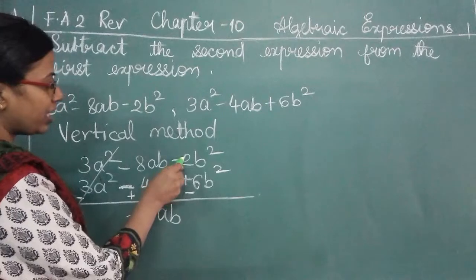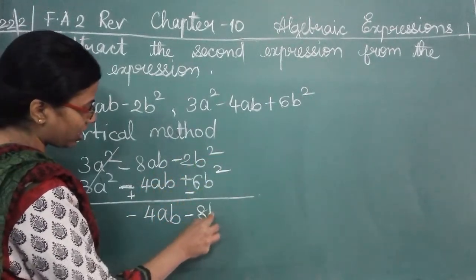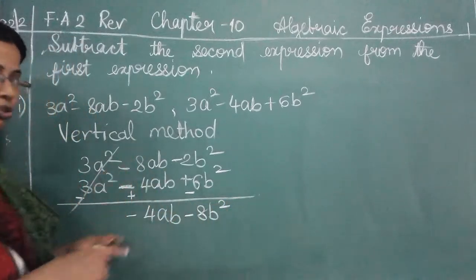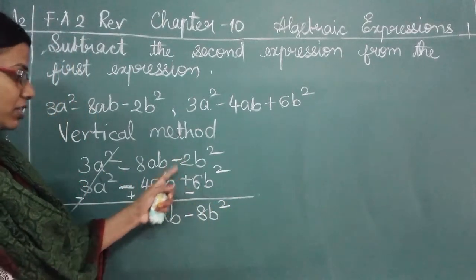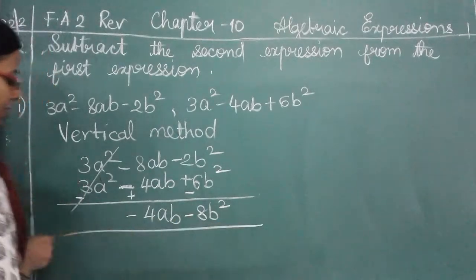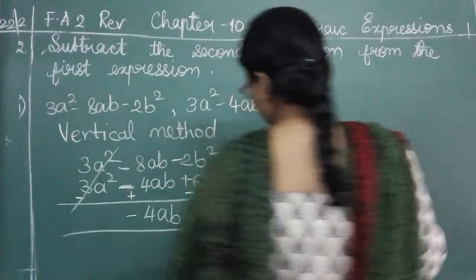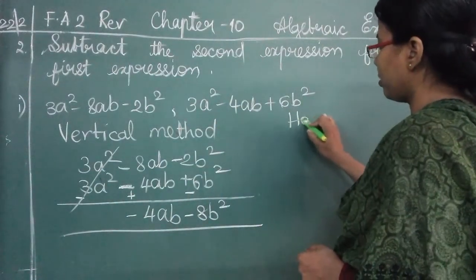Then minus 2b square minus 6b square is minus 8b square. Same sign, so we have to add. But because two minus signs are there, we are going to write minus below. Understood this? Vertical method we have solved. Now let us use the horizontal method.